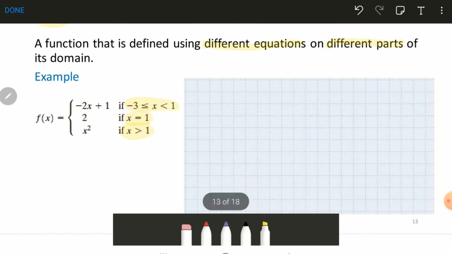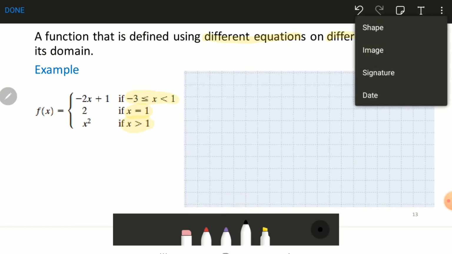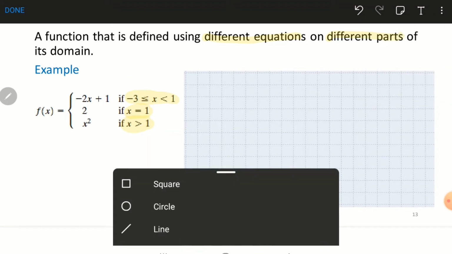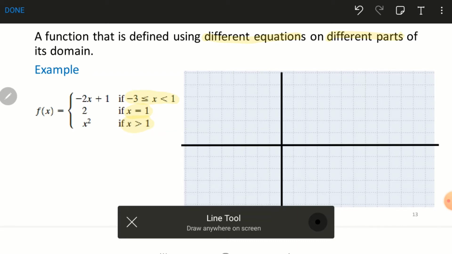We can move to the first domain first. I'm going to put the Cartesian plane first. Here you go.